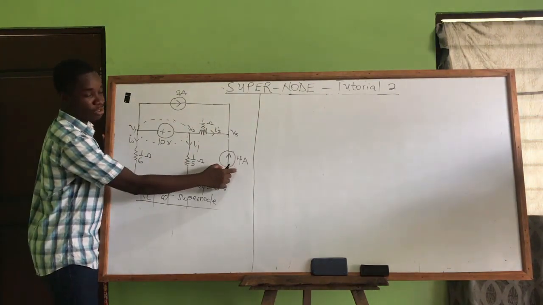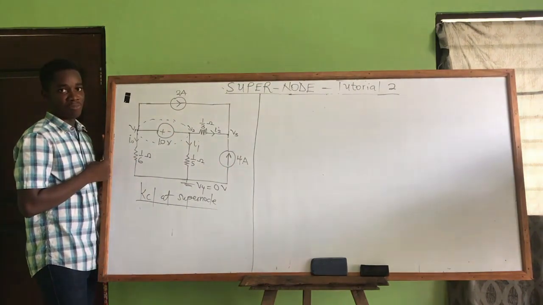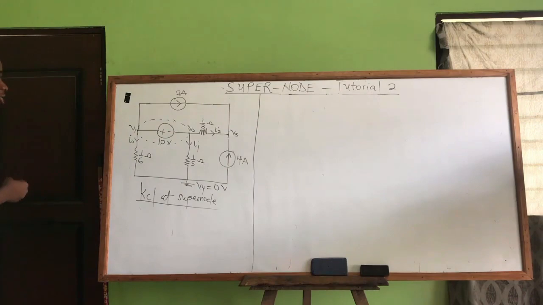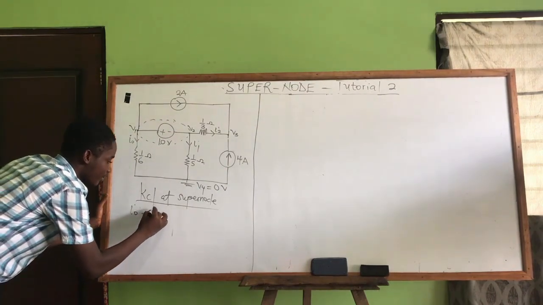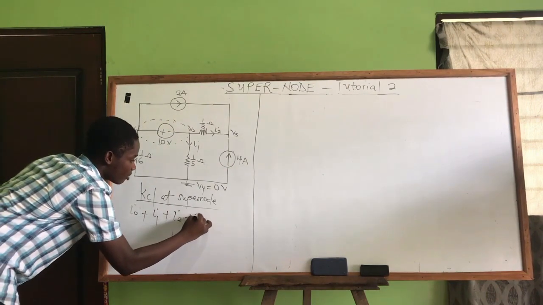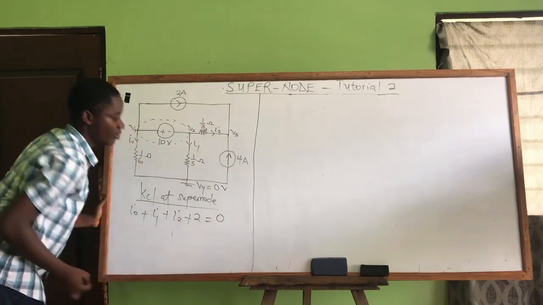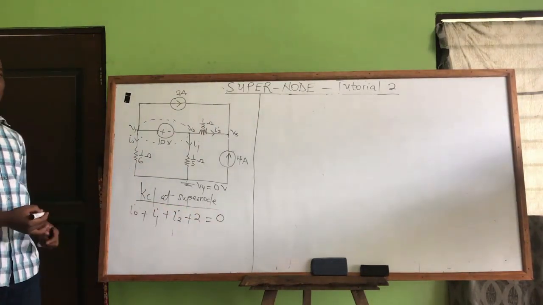We are not going to include the 4 amperes because it is not connected to the supernode. So KCL at the supernode becomes I0 plus I1 plus I2 plus 2 amperes, all leaving, giving us 0.